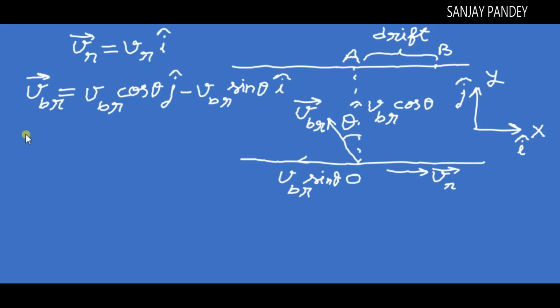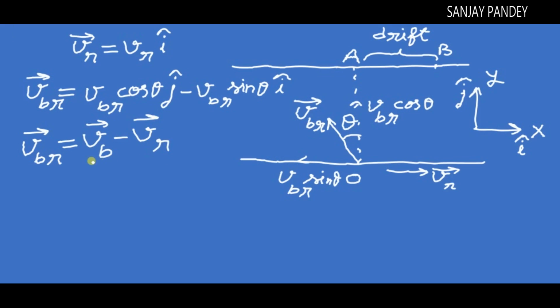Now we know that VBR is equal to VB minus VR.